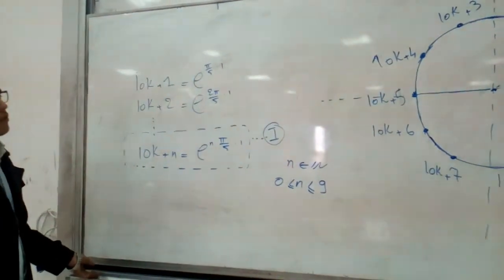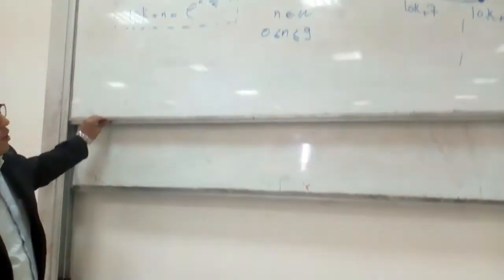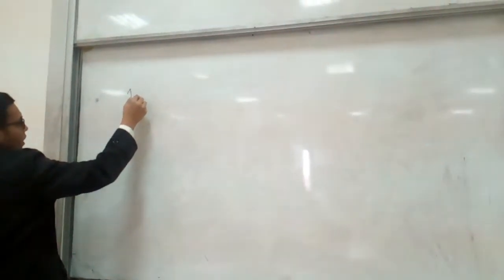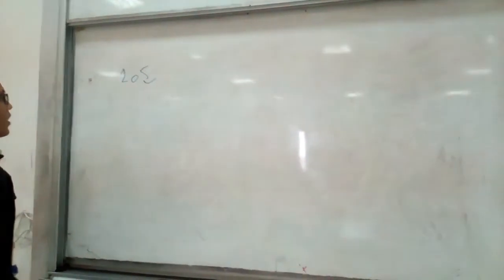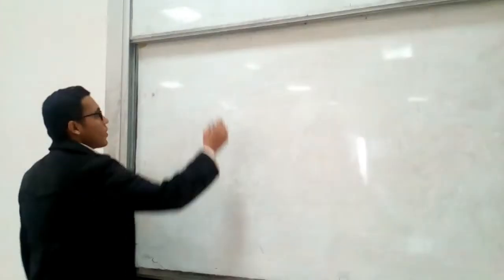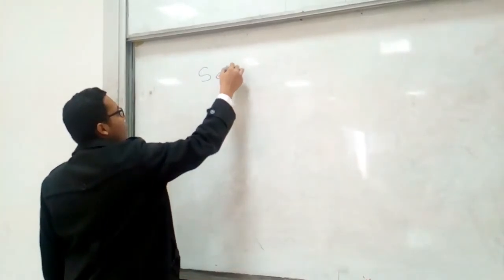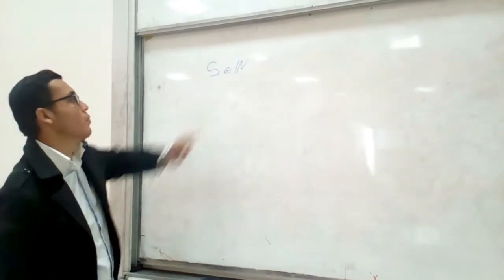Now we need to find another way to get the last digit of a number. Like when we have, for example, 105, we will get 5. We need a function that can do that. So let's pretend that I have a natural number, let's call it s. I want to get the last digit of this number.